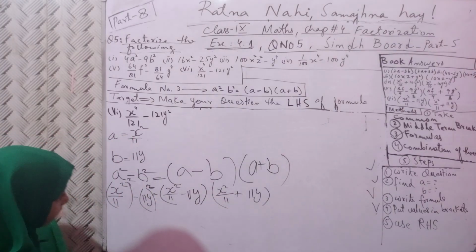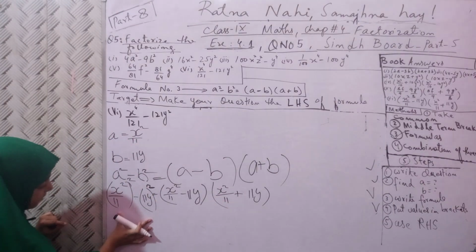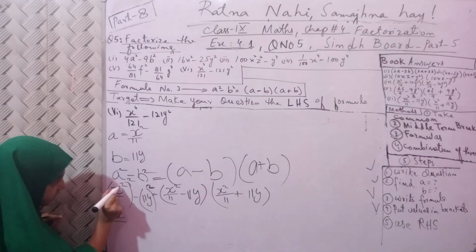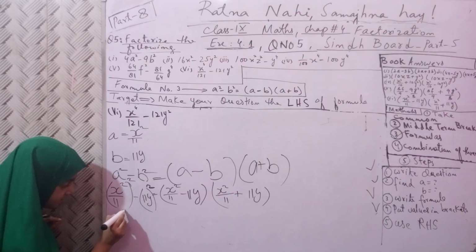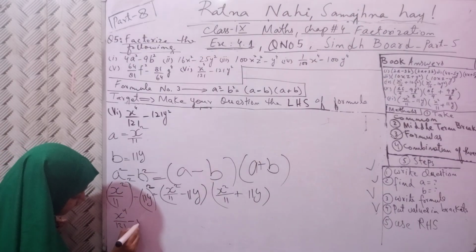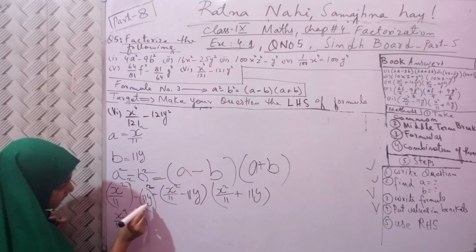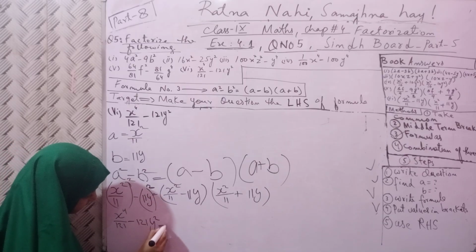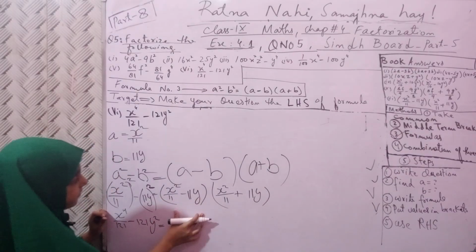Use right hand side. This x upon these powers will be added, 2 to the 4, 11 the 1 to 1, minus sign, 11 the 1 to 1 y square is equal to, and this bracket.